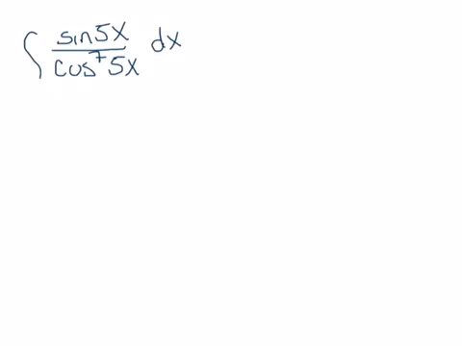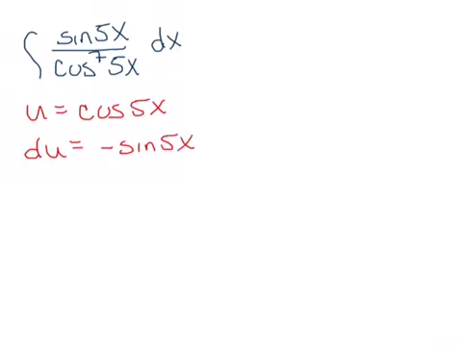In this case, it looks like we have something to the 7th power in the denominator, so we're going to let u be cosine of 5x. Then we find our du. The derivative of cosine of 5x is negative sine of 5x, and then by the chain rule, times 5, and times dx.